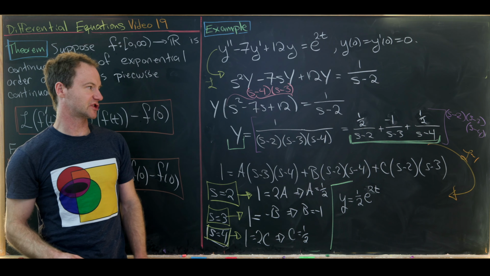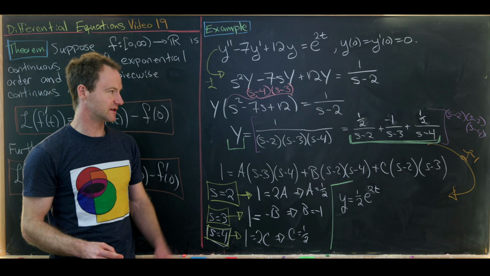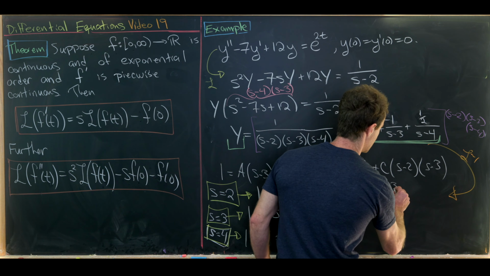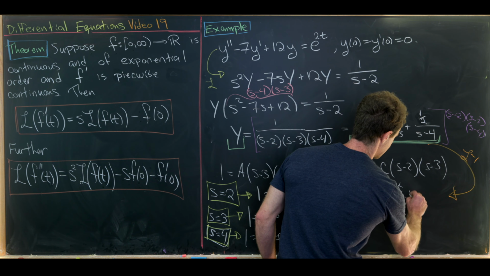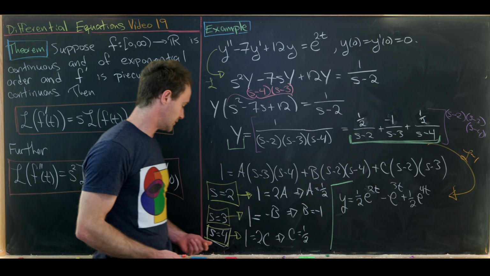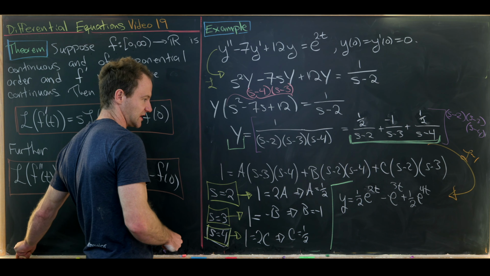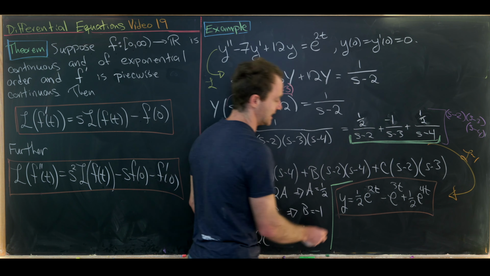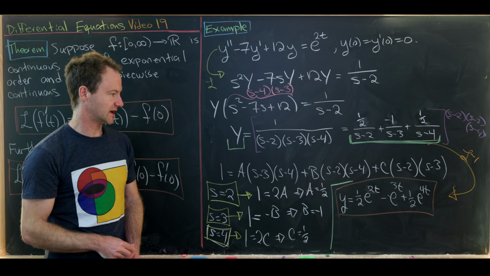The inverse Laplace transform of 1 over s minus 2 is e to the 2t. And then next we'll have minus 1 e to the 3t, and then plus 1/2 e to the 4t. Again, that's from doing standard inverse Laplace transforms that we saw from the chart that we built in the previous video.